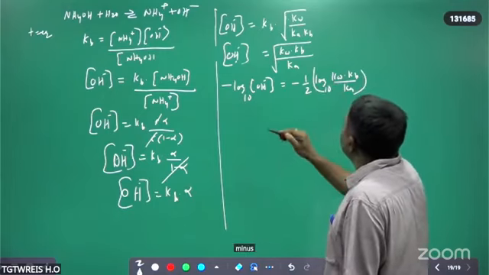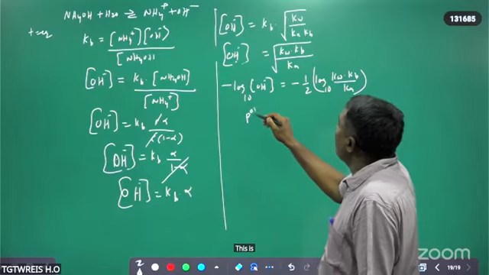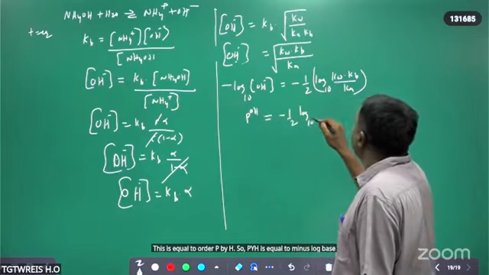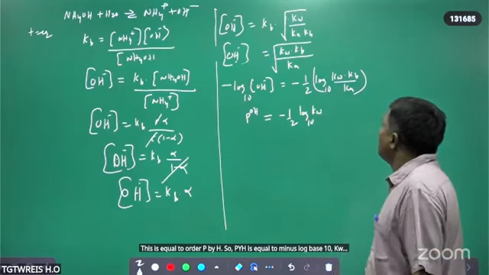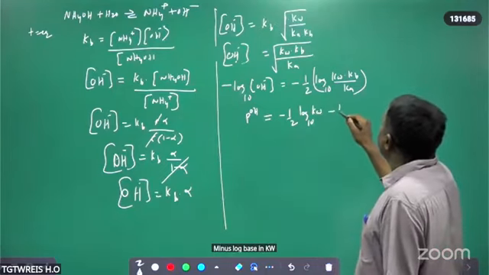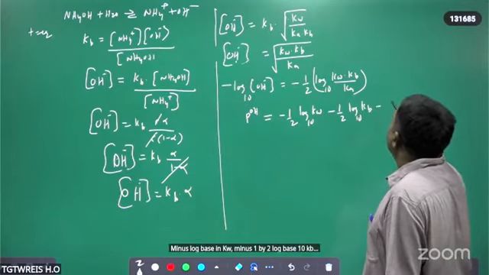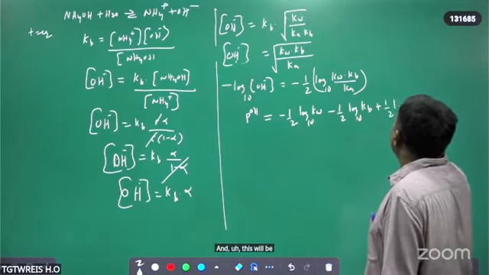This is equal to pOH. So pOH is equal to minus 1 by 2 log Kw, minus 1 by 2 log Kb, and plus 1 by 2 log Ka.